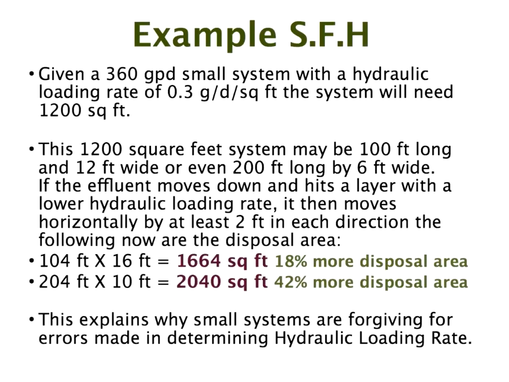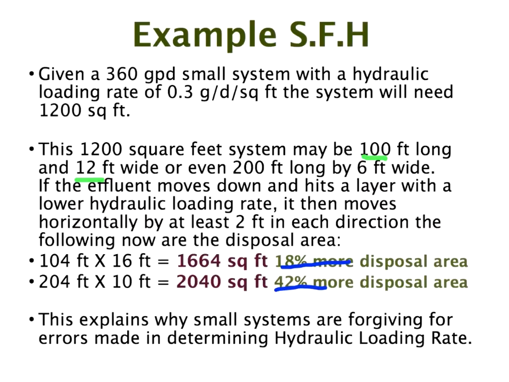If you do the arithmetic, taking a 1,200 square foot system, and if it's 100 foot by 12 foot, you add 4 foot to each dimension, 2 foot on each side, so 104 by 16 feet. You come up with 18% more disposal area. While if you go to 204 by 10 foot, you come up with 42% more disposal area.